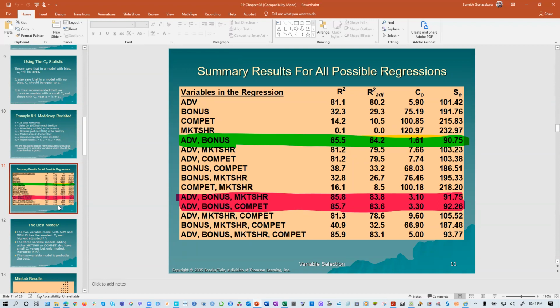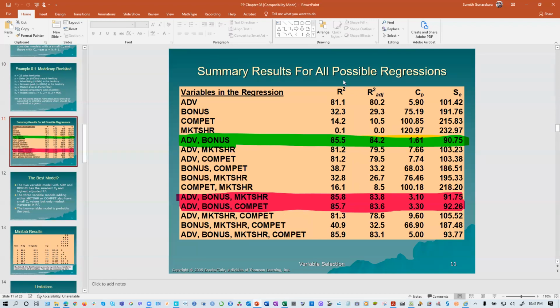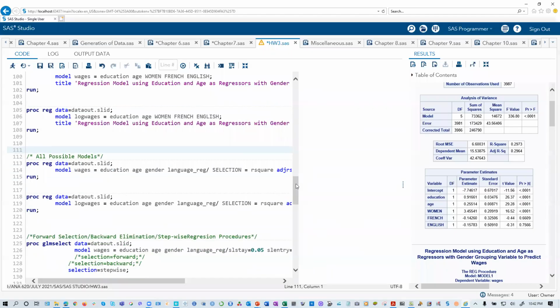Okay. That part we can tackle too. And in that one, what are you going to check? R squared adjusted, something called the CP, the Mallows statistics, and standard error. Can we get those? Yes, we can get those easily. See? Okay. I'm going to write over here.